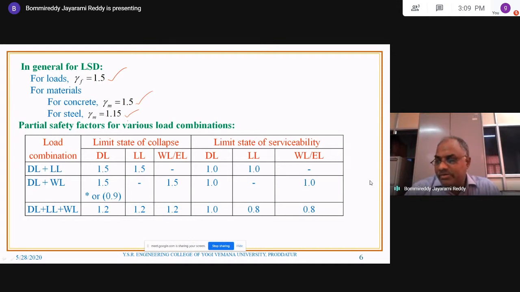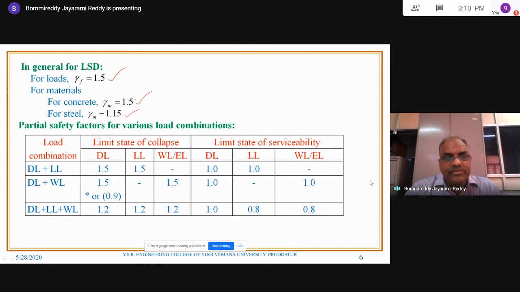And again, there is a variation of factor of safety for concrete and steel, because the steel is manufactured in a standard manufacturing unit under strict quality control. So the variation of the stress in steel is very less, and we are using a low partial factor of safety.